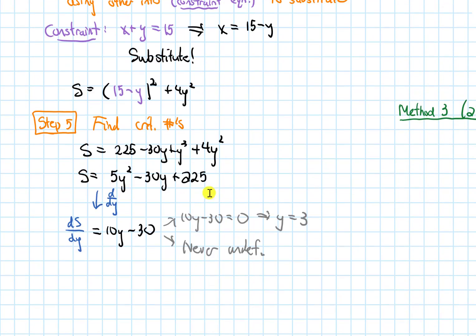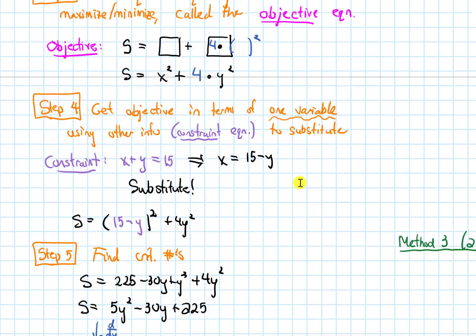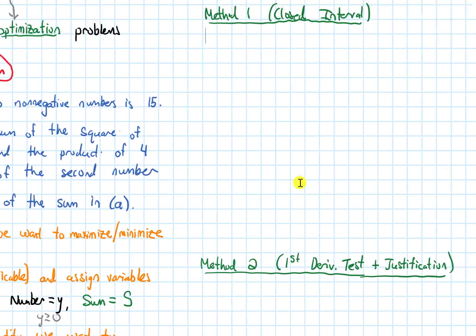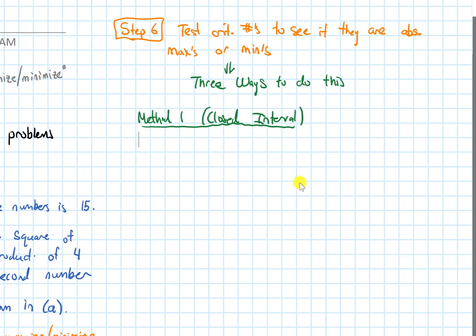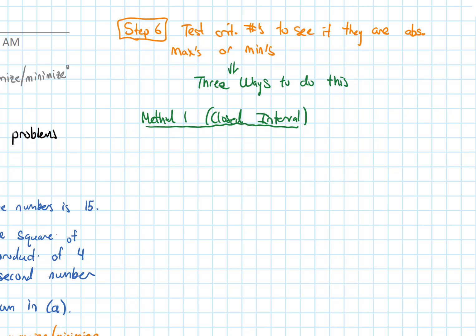We had s completely in terms of the variable y. So let's think about what's the smallest y could be and what's the biggest that y could be. All right, in this problem, we know y was non-negative, which means it's greater than or equal to 0.